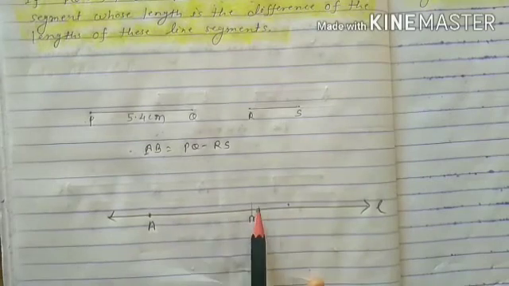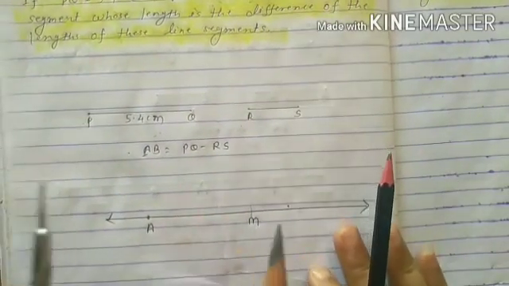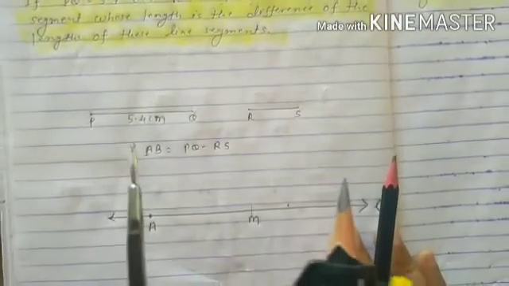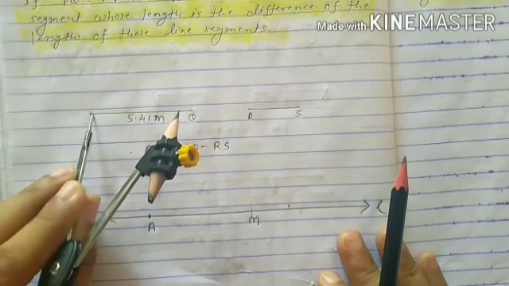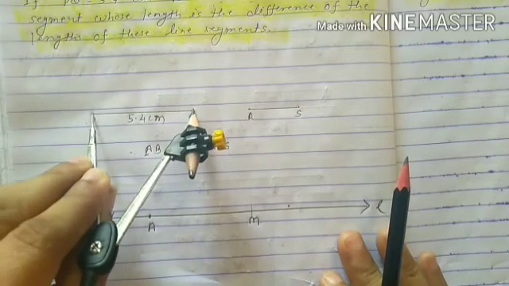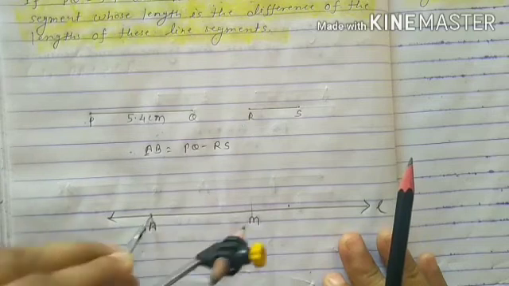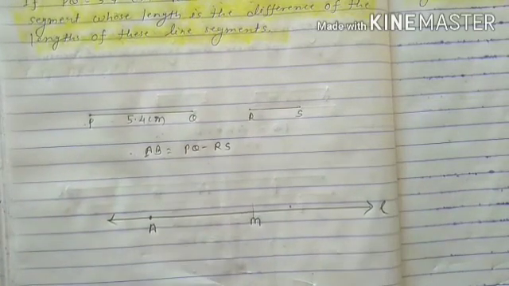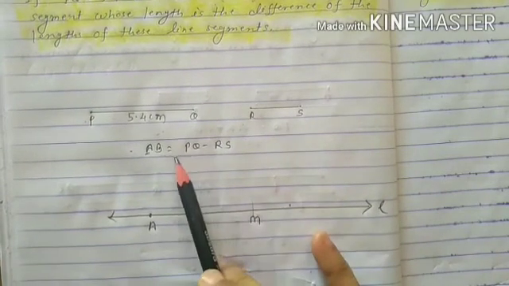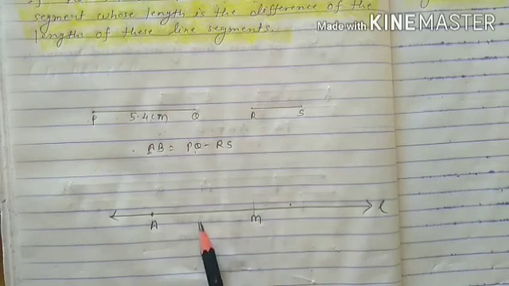Understood what we have done? We opened the arms of the compasses and kept them at points P and Q. After that, we drew AM equal to 5.4 centimeter. Now here we have to subtract RS from PQ, so we have to move left.